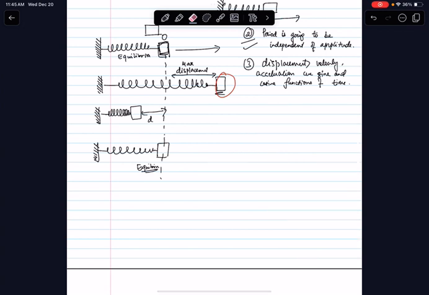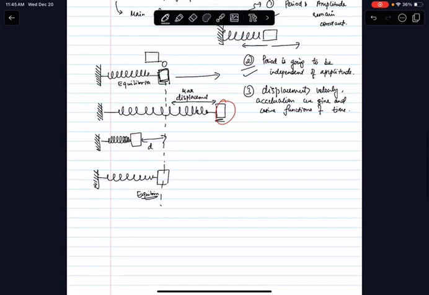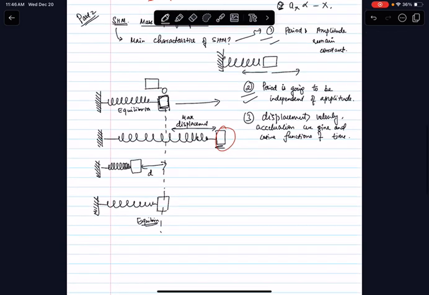And then the third thing we saw is that in this case, the displacement, velocity and acceleration are going to be sine and cosine functions of time. So the mass spring system will have this curved motion. And as we have seen, whenever we graph sine curves, for example, you get this curved position.